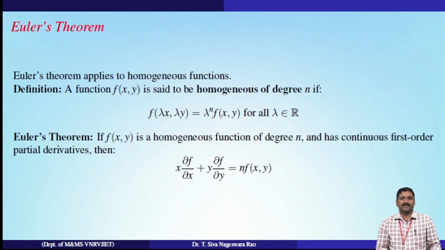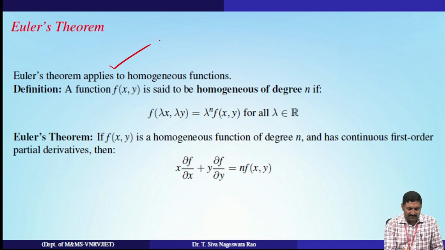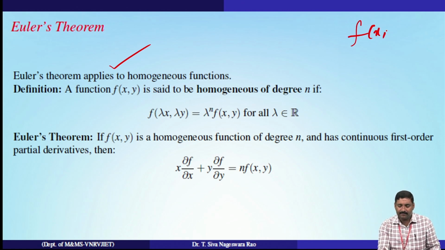First one, Euler's theorem. In this particular unit, we will talk about Euler's theorem for homogeneous functions. So, Euler's theorem is applicable to homogeneous functions. When do you say a function f of x comma y is a homogeneous function?